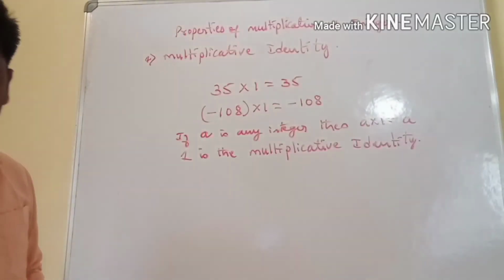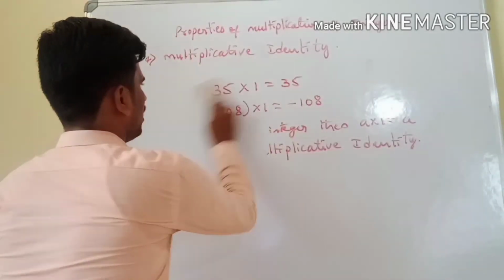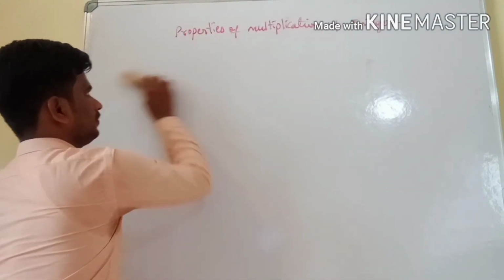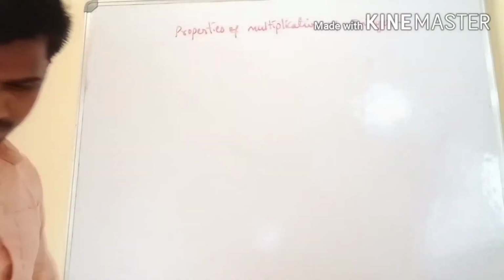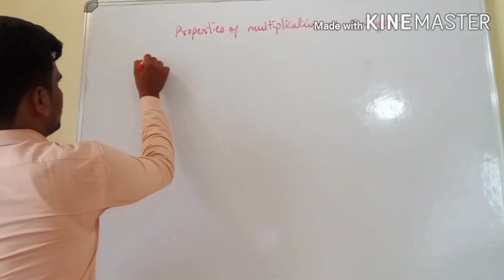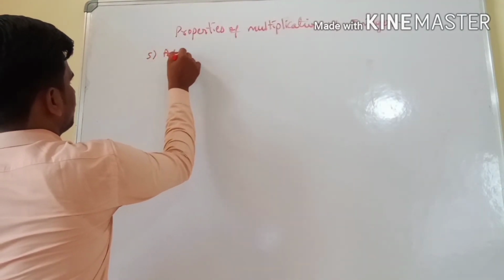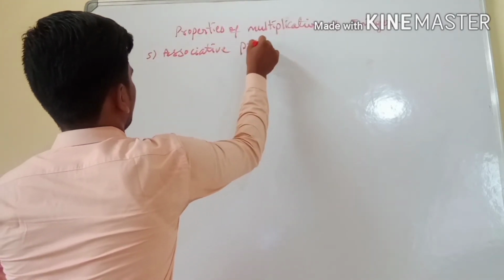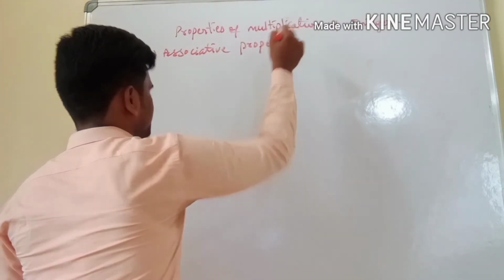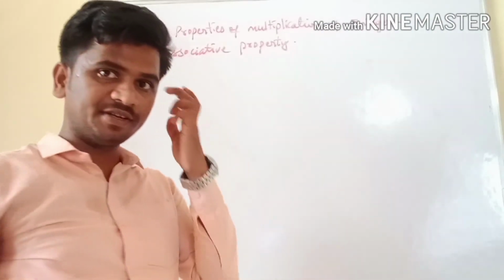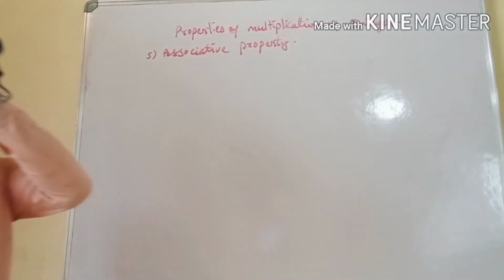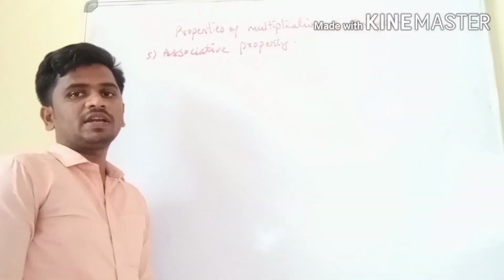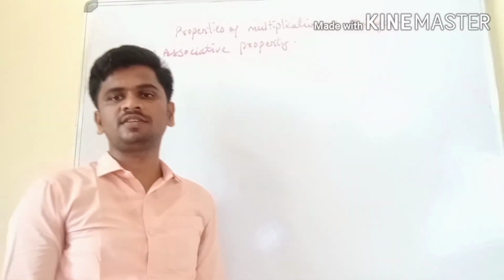Then what is the next property? That is the associative property. With respect to addition, we have already discussed, but with respect to multiplication, now we have to discuss. You can consider any three integers.